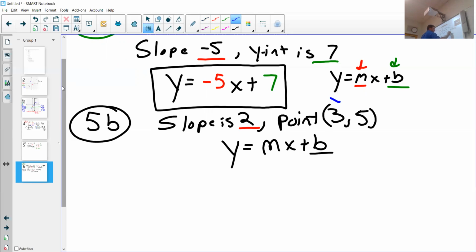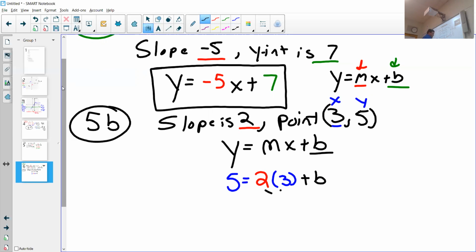Because over here is an x and a y, and I have my slope equals 2, I'm going to plug everything in to help me find b. So y equals 5, that y becomes a 5, equals my m, which is 2, times my x. My x over here is 3, plus b.